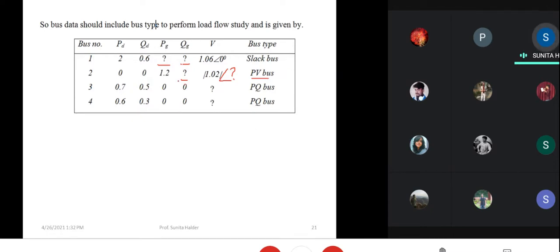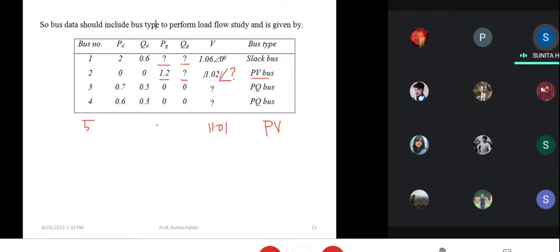Here I have assumed PV bus as a generator bus, so PG is plus 1.2. If it is a special type of load bus with 0.6 per unit active power, then in the bus data set there is a bus number 5 which is a PV bus, but is a special type of load bus with compensator which is maintaining its bus voltage at 1 at an angle 0 degree.